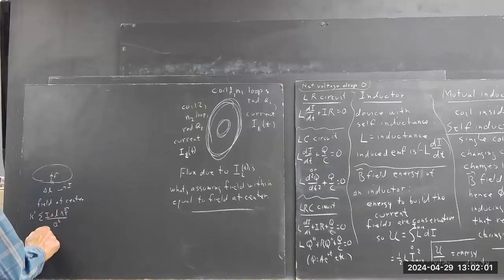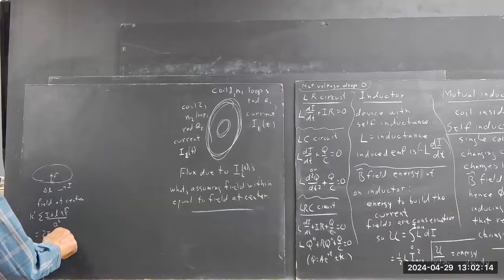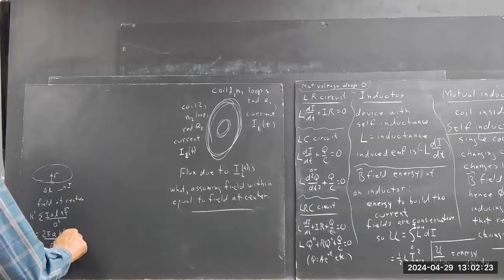Well, the total of delta L is 2 pi A. The cross product just gives you I delta L as its magnitude. It's 2 pi I times K prime over A squared, which is 2 pi I over A times K prime.